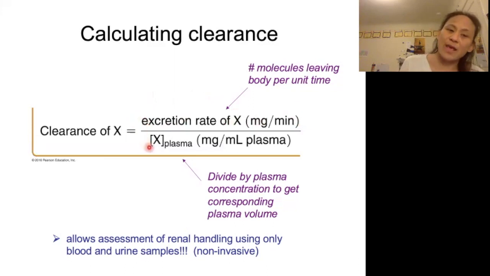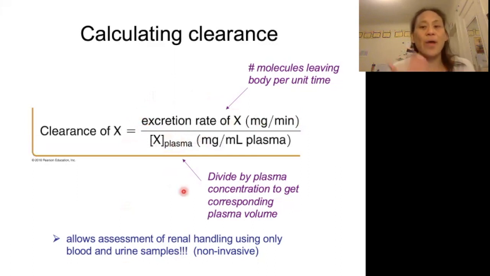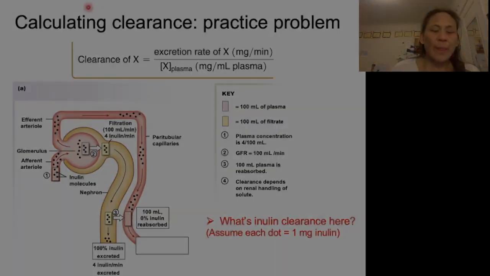The denominator is the plasma concentration of X, X being the solute that you're interested in, and you can get that by taking a blood sample, okay? So you can calculate clearance using just urine and blood samples, and that tells you a little bit about what's going on in the kidneys, which is much better than cutting a person open and trying to look at their kidneys and seeing what's happening in there, right?